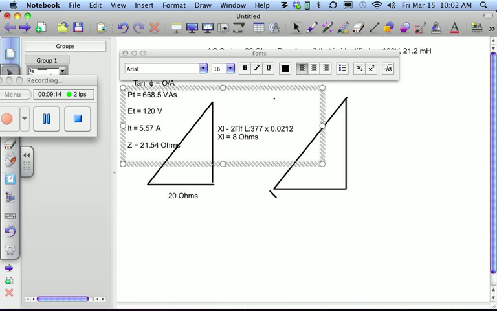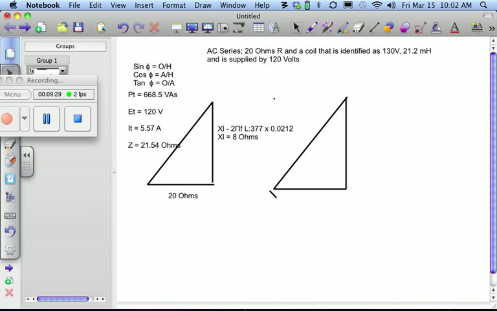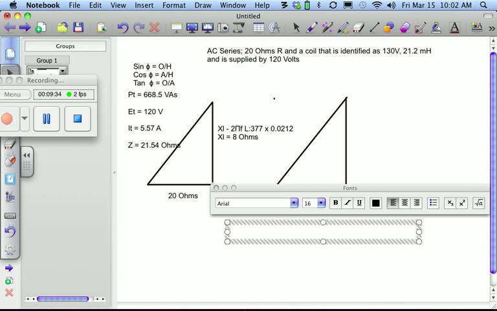We don't know the side adjacent, but we do know the cosine, and the cosine is 0.9284. I'm assuming that's correct.